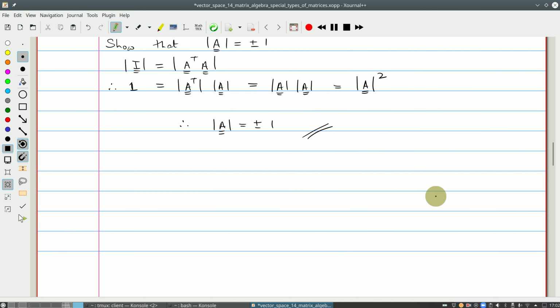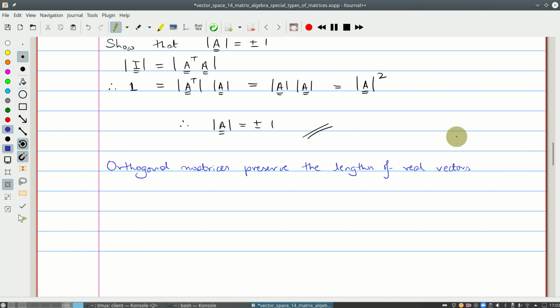Alright. Now another important property of orthogonal matrices is that they preserve the lengths of real vectors. Orthogonal matrices preserve the lengths of real vectors.